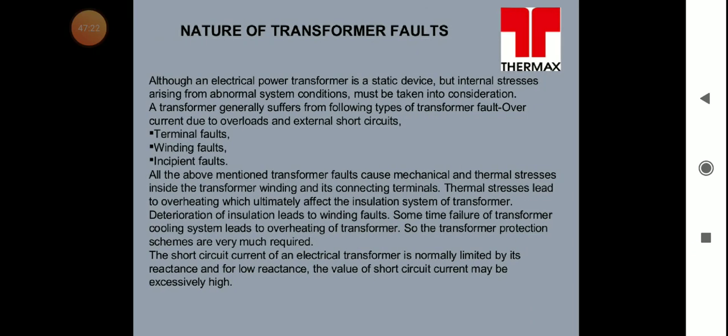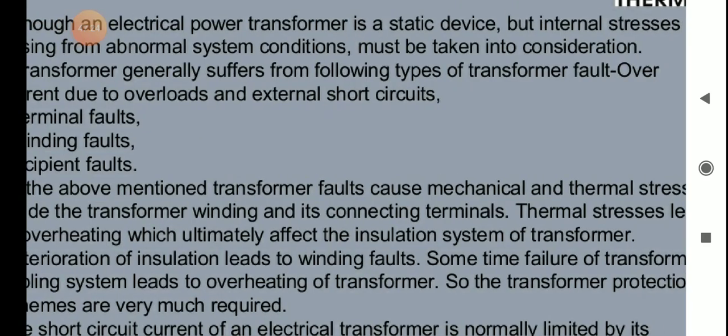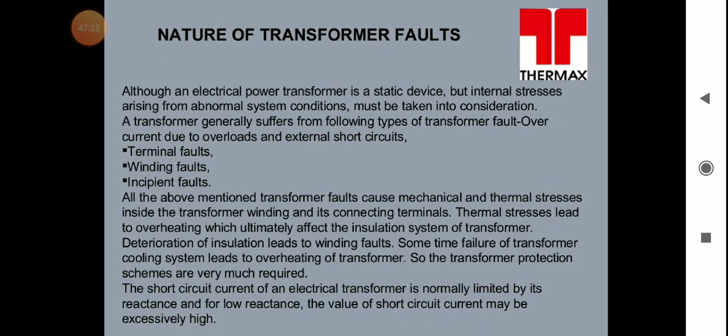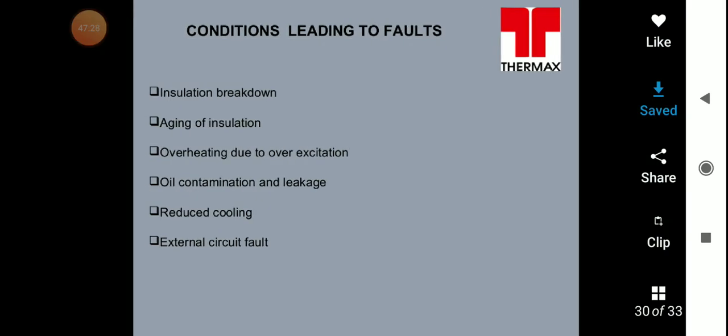So we may discuss this one. We may have so many types. These are the practical things which may occur whenever we are using the transformer. These are the different things which we discussed in this class.